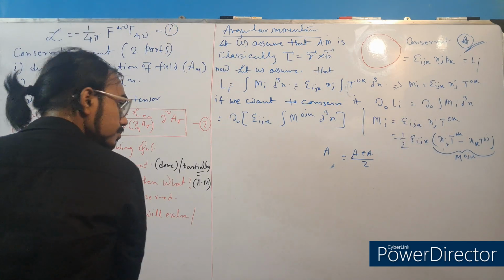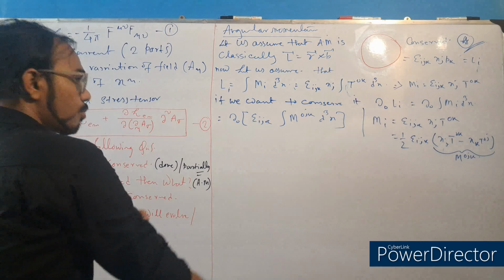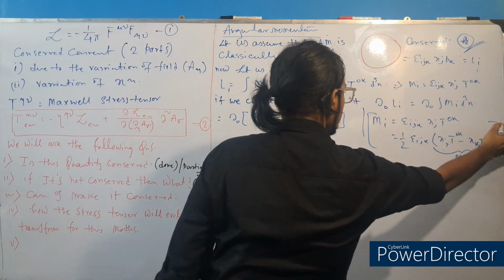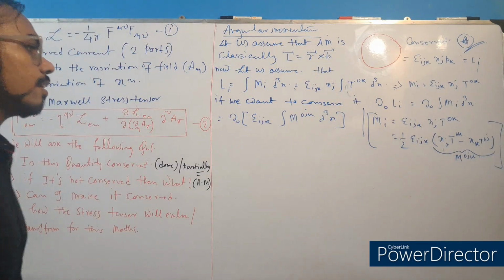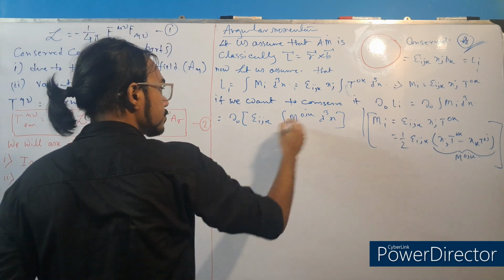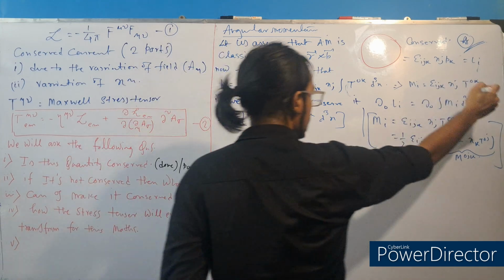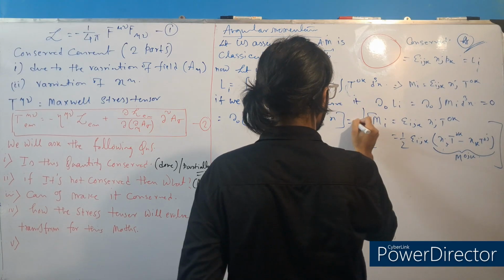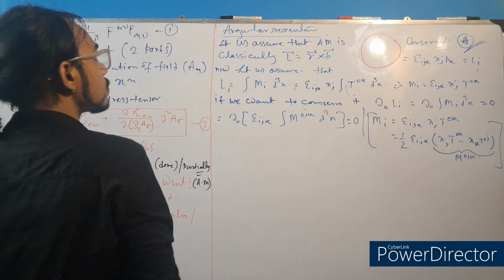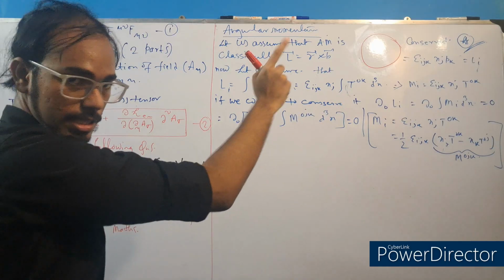Okay, this is just mathematical jugglery, and this jugglery will provide us the physical consequences or physical condition. So we were claiming that this thing will be 0. Yes, due to this conservation we have claimed, otherwise it won't, but we have claimed this thing to be 0.